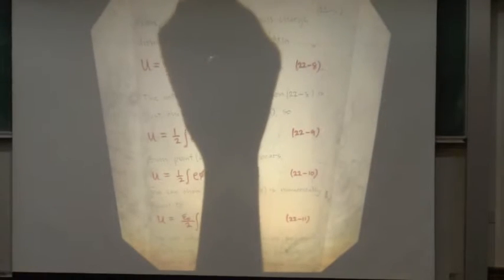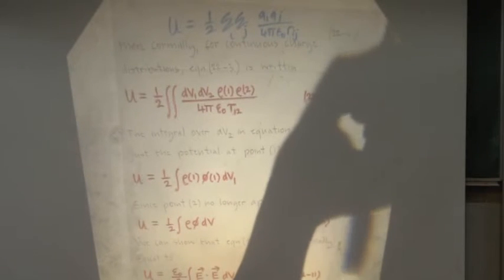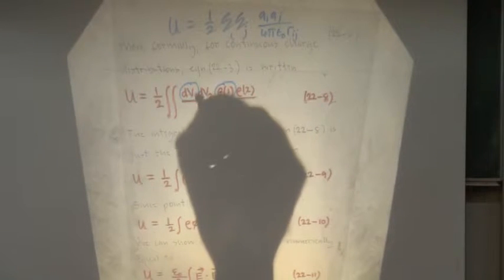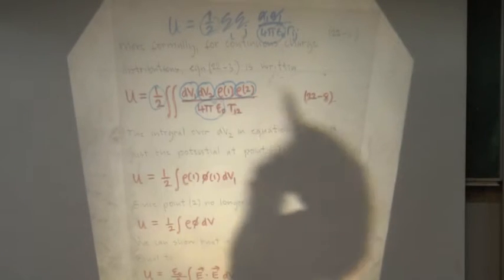But again, all that we're doing, if you compare with u equals a half the sum over i, the sum over j, of qi qj over 4 pi epsilon naught rij, is this: if you've got a continuous charge distribution, then your qi gets replaced by dV1 rho 1, that is the amount of charge at point 1. Your qj gets replaced by dV2 rho 2, the amount of charge at point 2, and of course your 1 over 4 pi epsilon naught and your prefactor of a half get carried down.